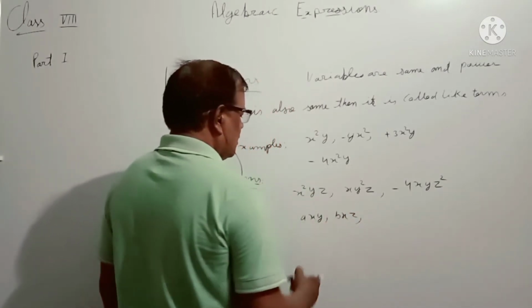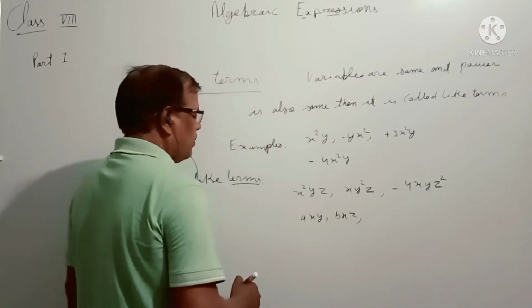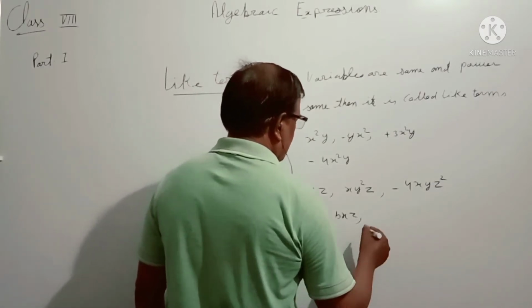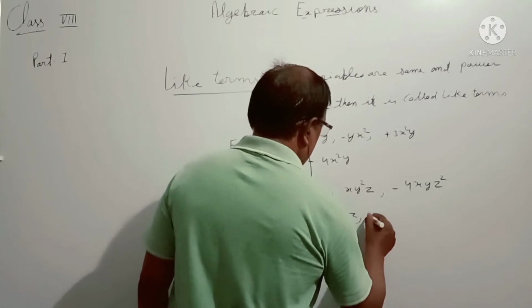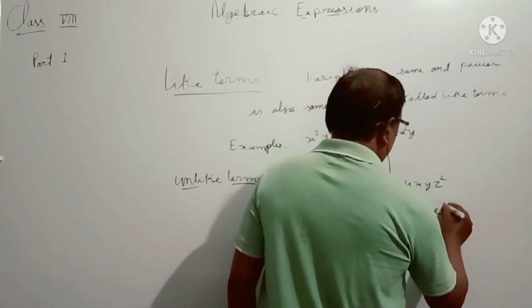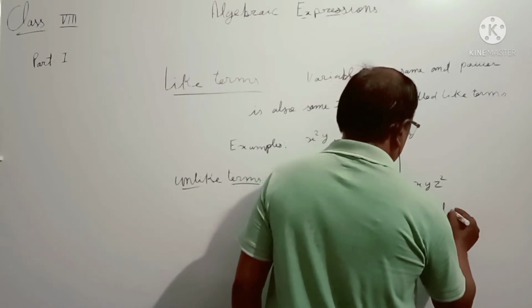Here we are seeing that variables are different and terms are unlike. They may be used this way. We can write so many, or we can write here an extra.